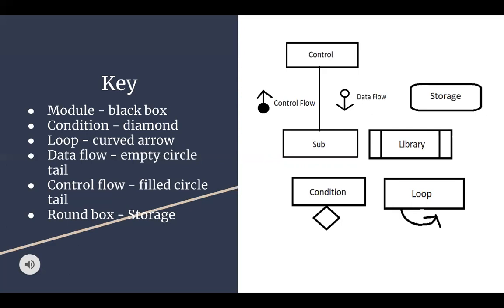Now, arrows with empty circle tails indicate the flow of data, while filled circle tails on arrows indicate the transfer of control information. In the case of structure charts, it's usually error or end of condition information. Lastly, a round box is the indication of storage or data at rest.